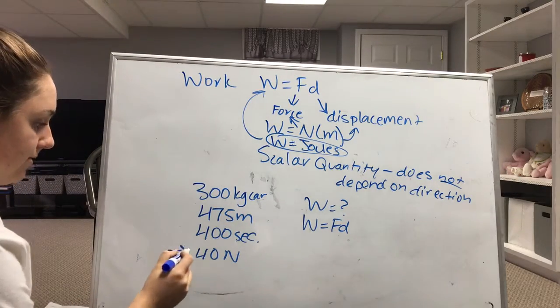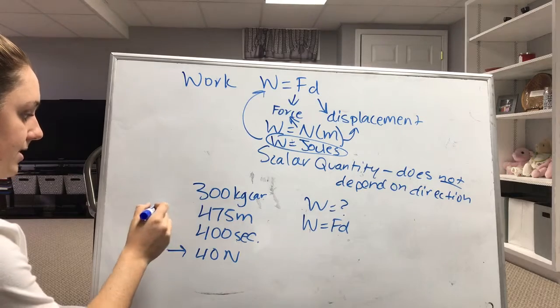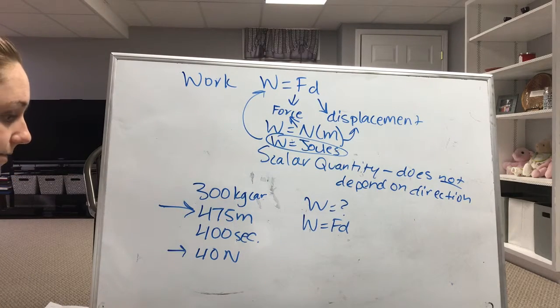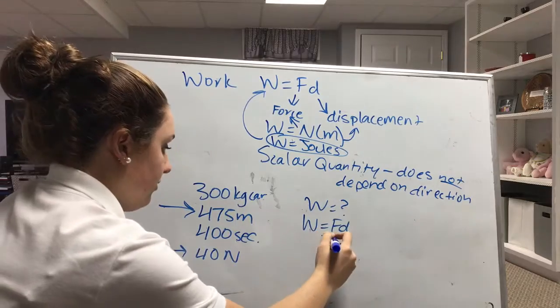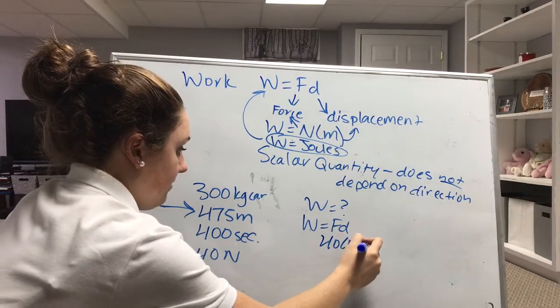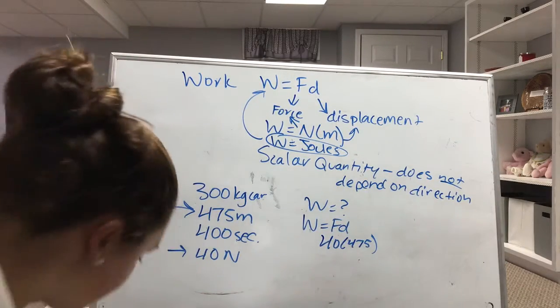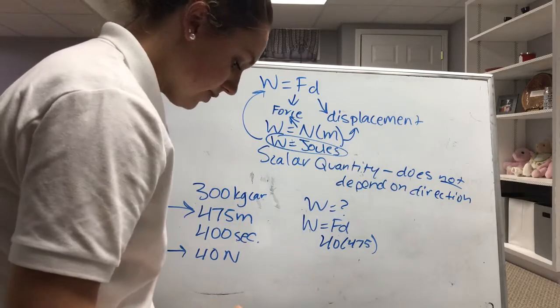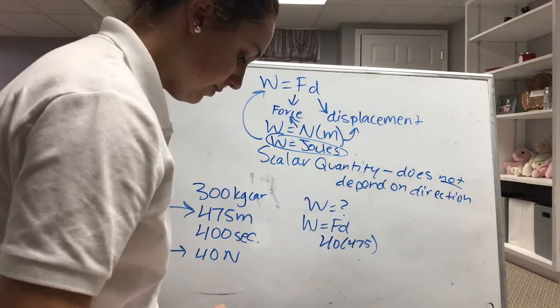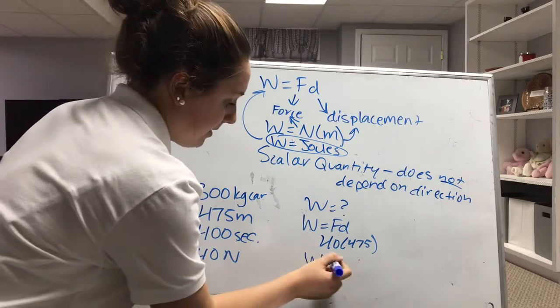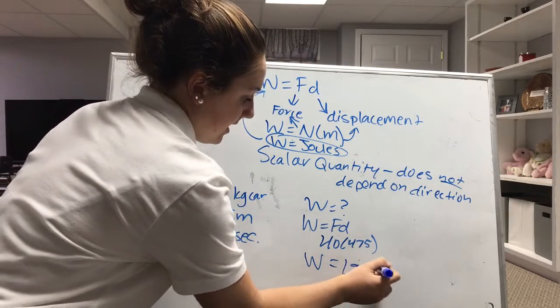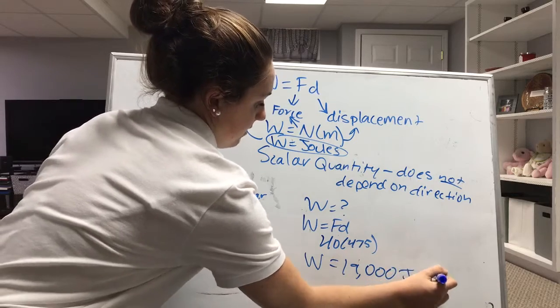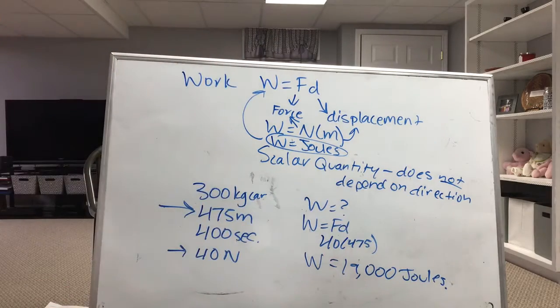We have the force of 40 newtons times the displacement of 475 meters. So we do 40 times 475. And we remember that we are measuring in joules for units, and we come out to say that work is equal to 19,000 joules for this specific problem.